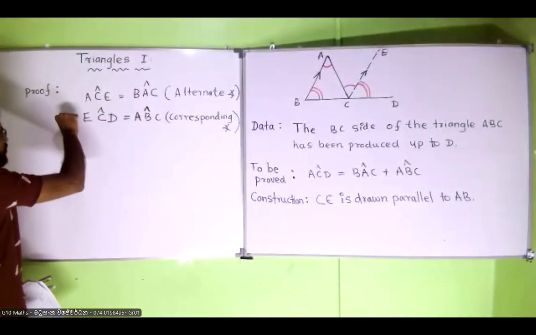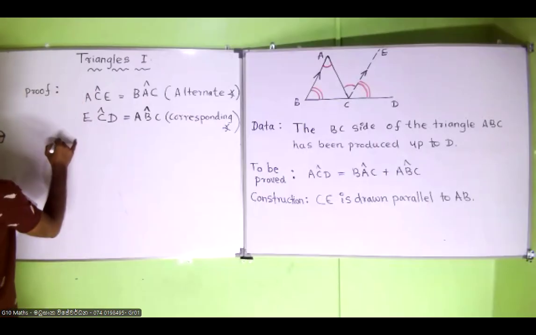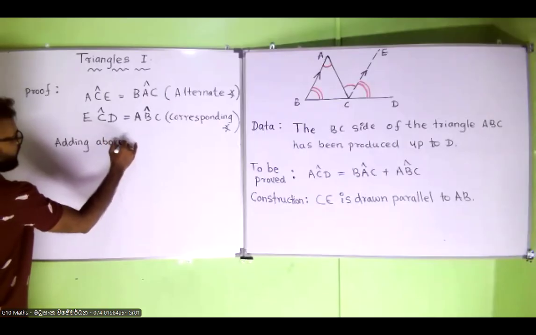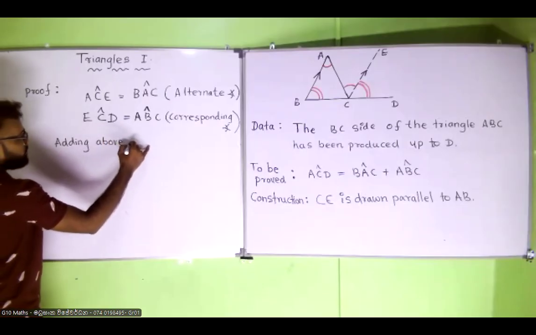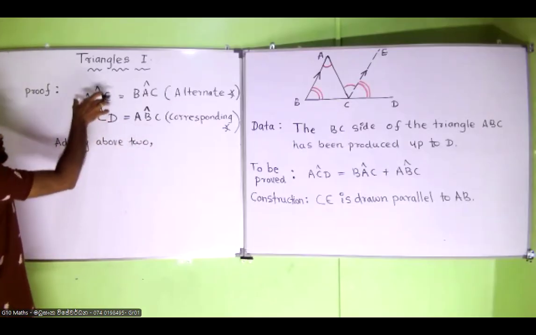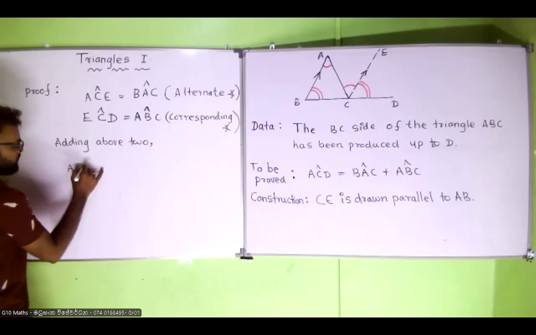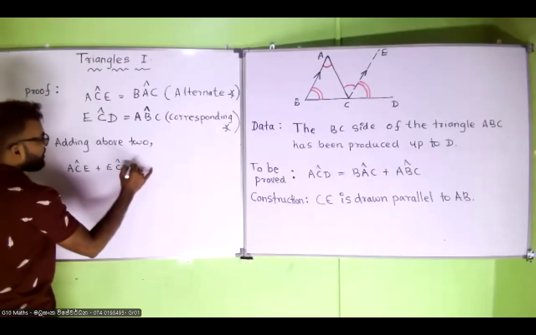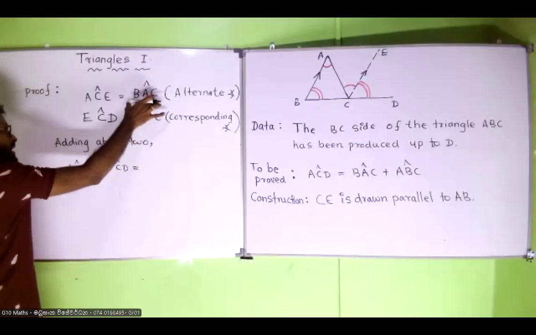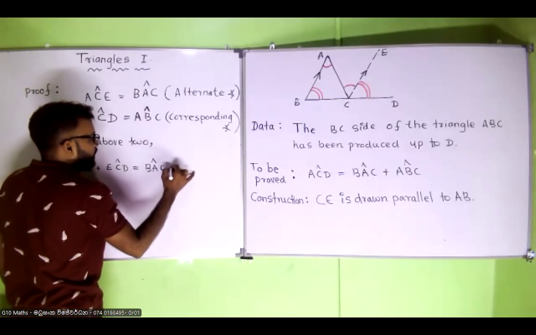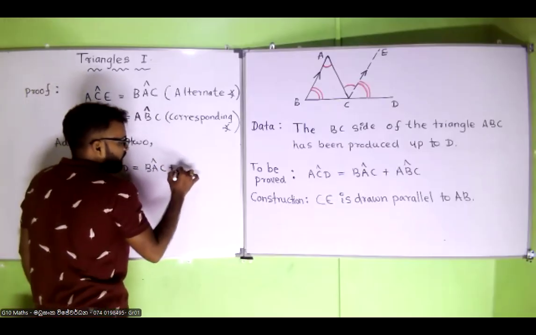Angle ACE plus angle ECD equals angle BAC plus angle ABC.